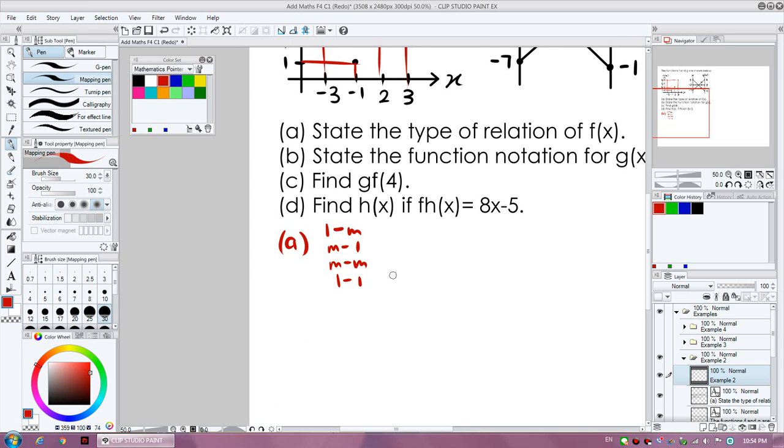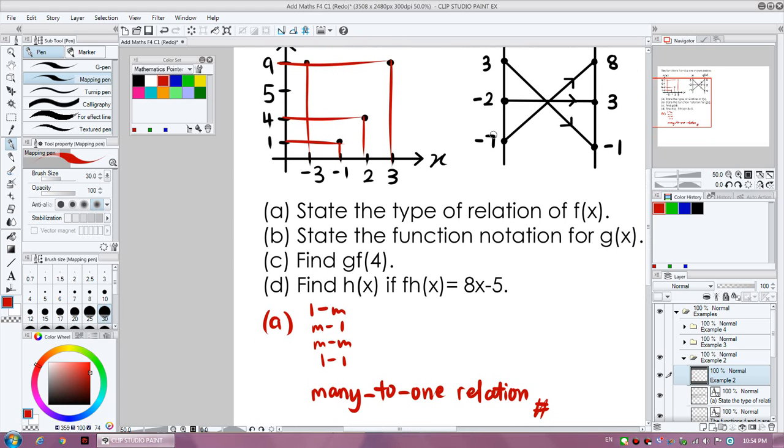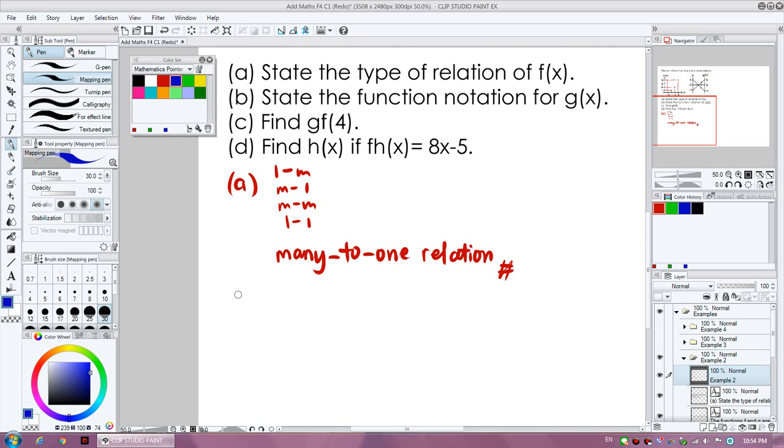If multiple objects are connected to the same image, it is a many to one relation. Many to one means that multiple objects are connected to the same image, in which 3 and negative 3 are connected to the same image, which is 9. So that would be the answer to A.